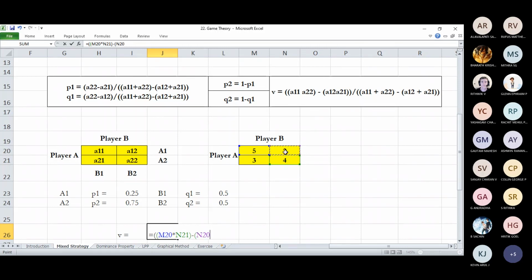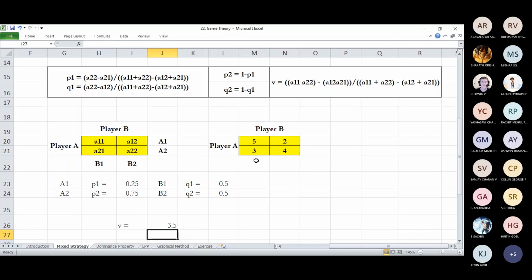This numerator is divided by A11 plus A22 minus A12 plus A21. The denominator is the same for all the probabilities as well as for the game, right? And the value of the game is 3.5, right?